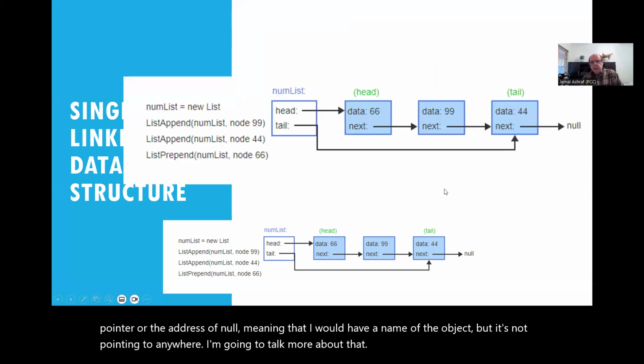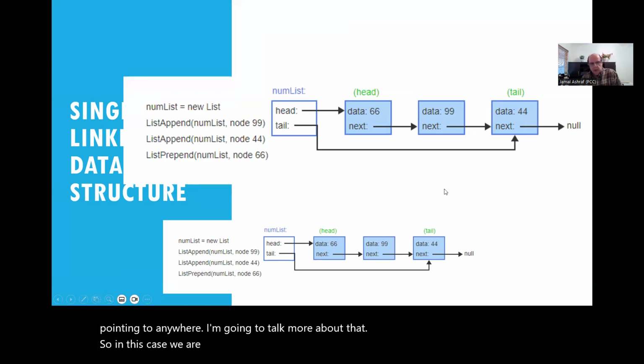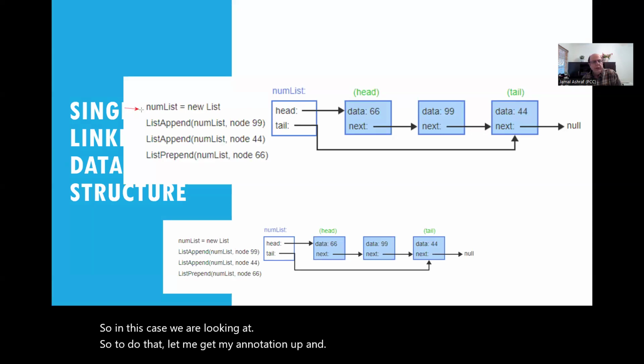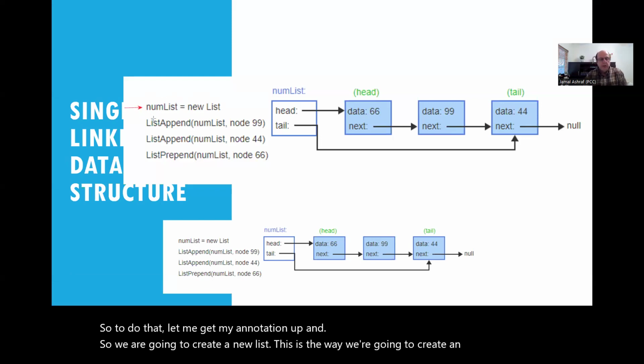So in this case, we are looking at a num list. To do that, let me get my annotation up. We are going to create a new list. This is the way we're going to create an object of a list.